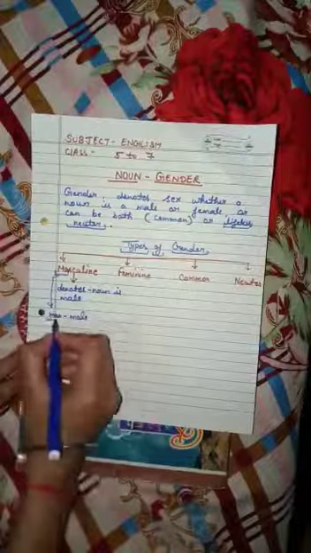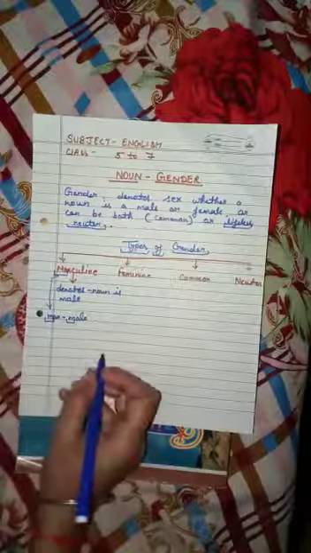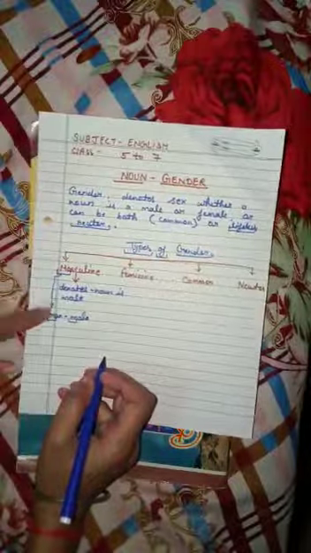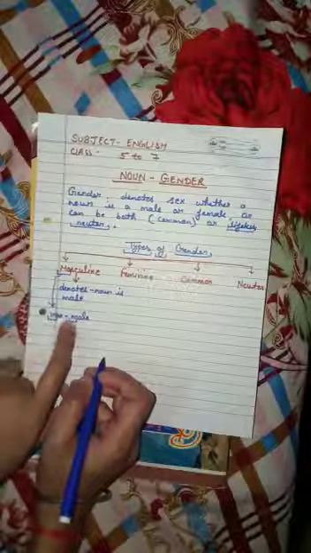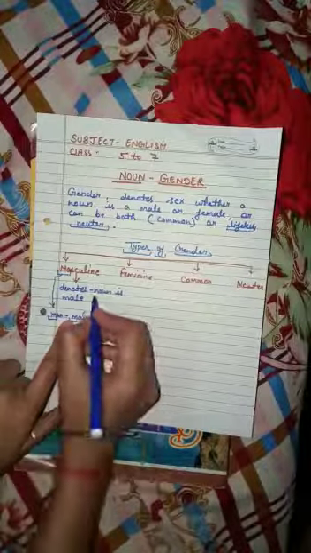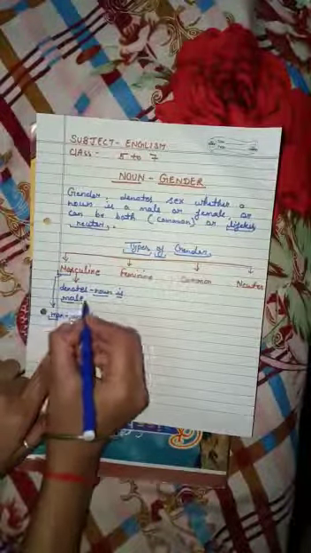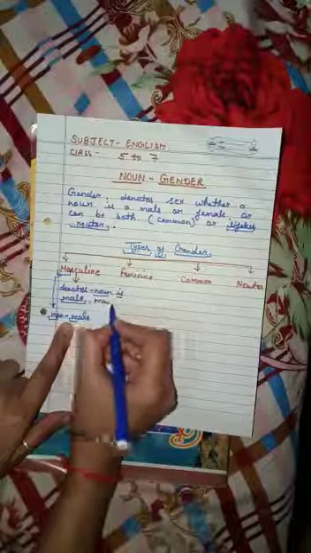So m for man and m for male denotes a noun that is related to male, man or boy.